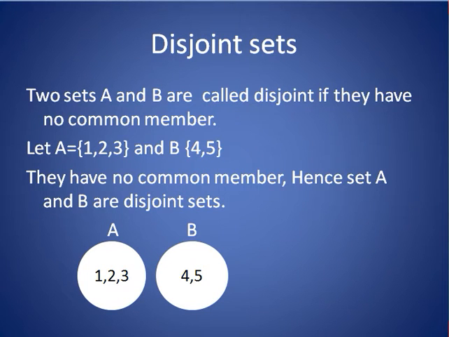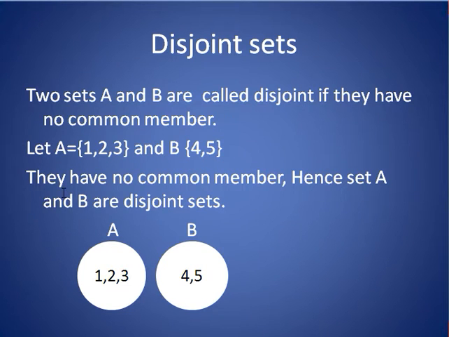Disjoint sets. Two sets A and B are called disjoint if they have no common member. Let A equal to {1, 2, 3} and set B have elements 4 and 5. You can see in both sets we do not have a single common element.